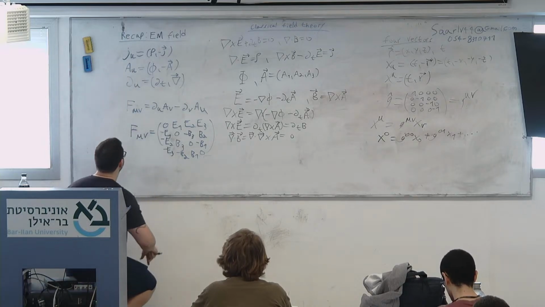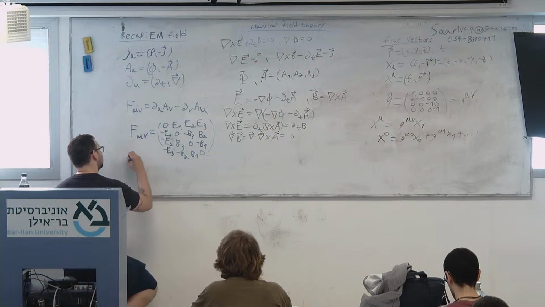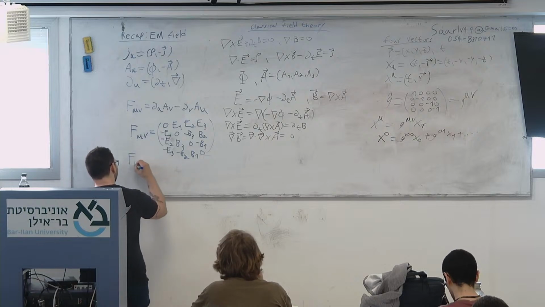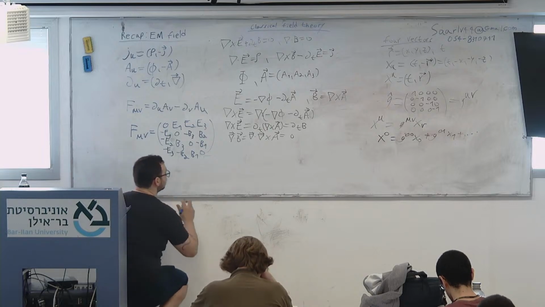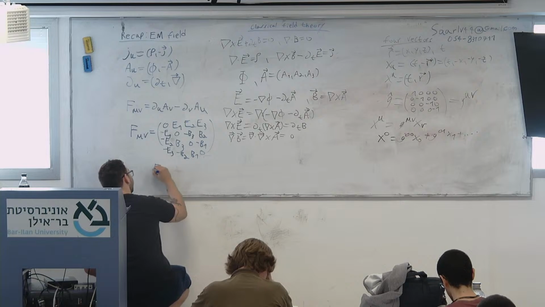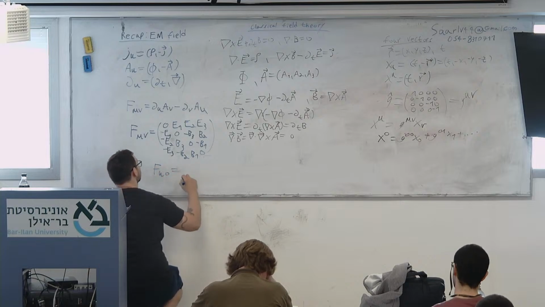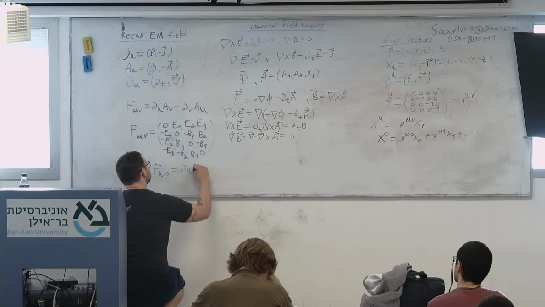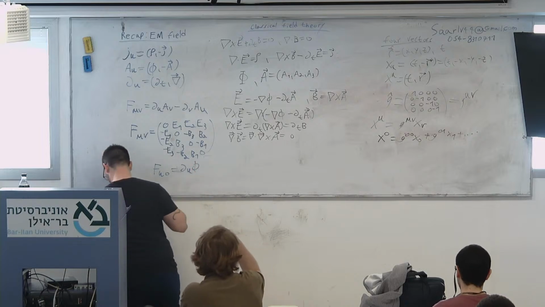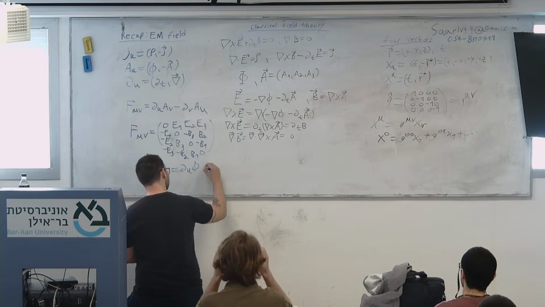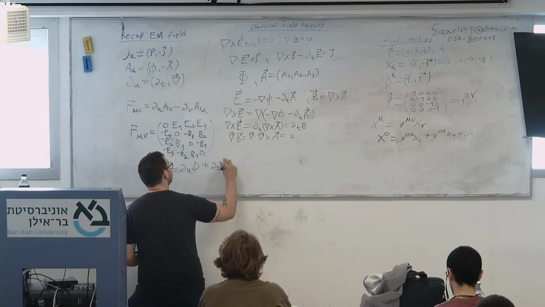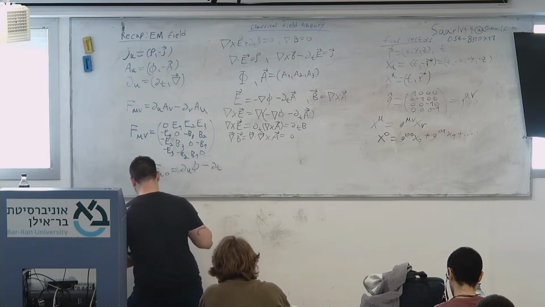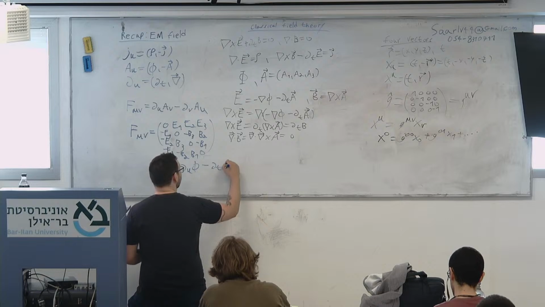All right. So the first column will be F mu 0. Let's write it here. F mu 0, times the dot t, dot t and a mu.